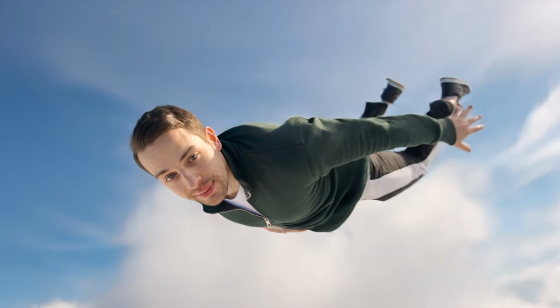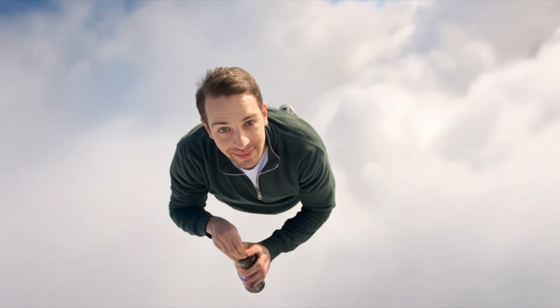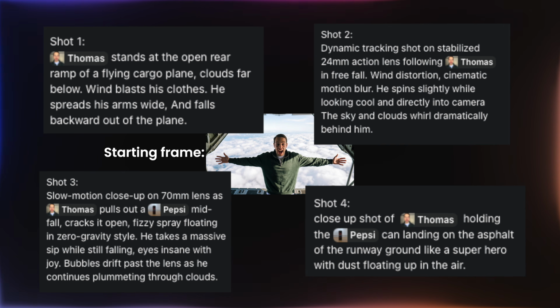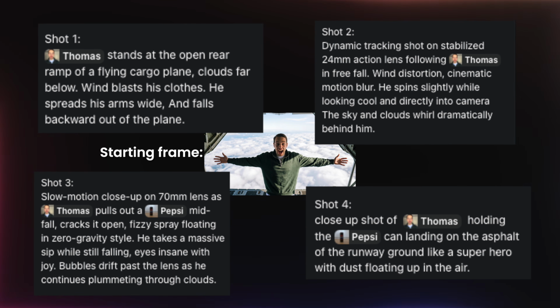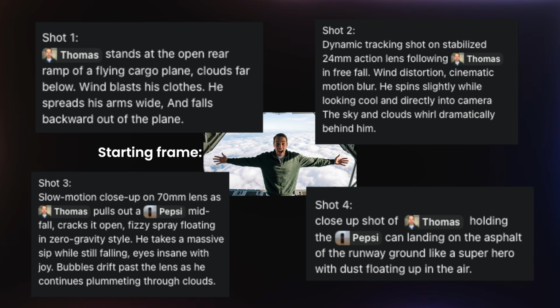Now it's not perfect by any means, but I think it's very impressive how well it kept the character consistency and also the object consistency, considering this was just a super extreme example with the prompt being me skydiving out of a plane and having the product in my hand. I just wanted to see if the model can handle all these different elements, and I have to say it handled it pretty well considering all the different things that were happening in the scene.